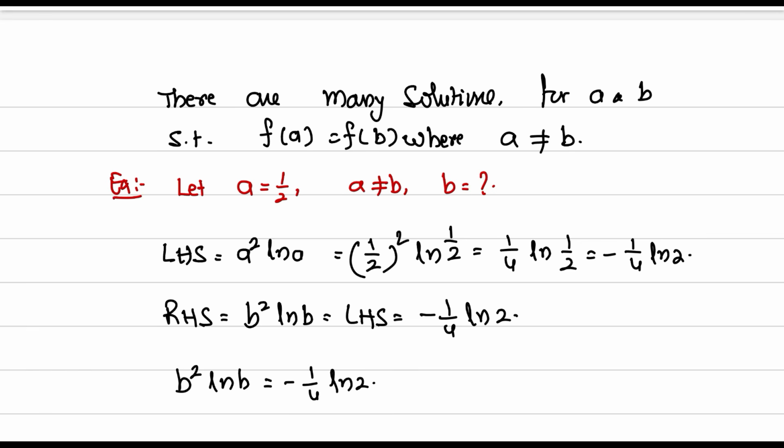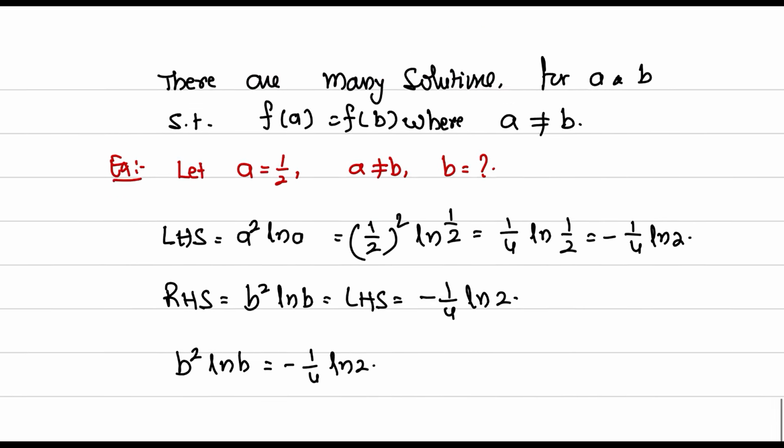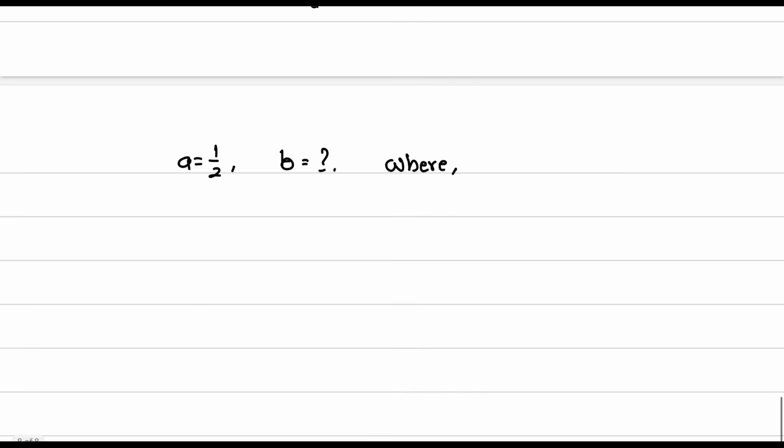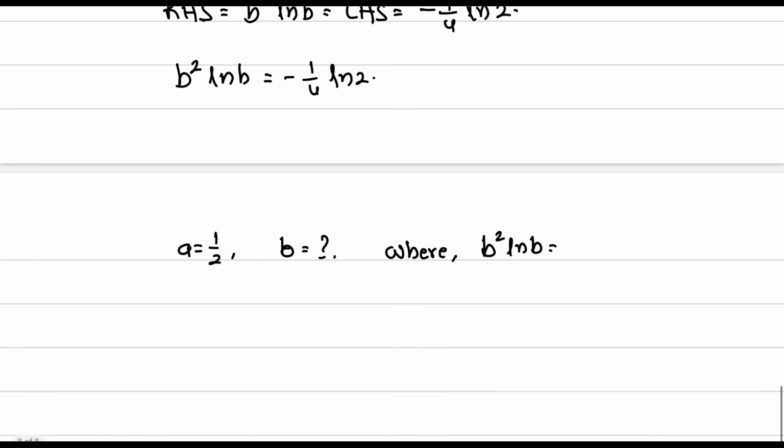And make sure that b is not equal to half. How to solve this? Now, a is equal to half, we have got one solution. B is equal to how much? For the given conditions, b square ln b is equal to minus 1 by 4 ln 2.